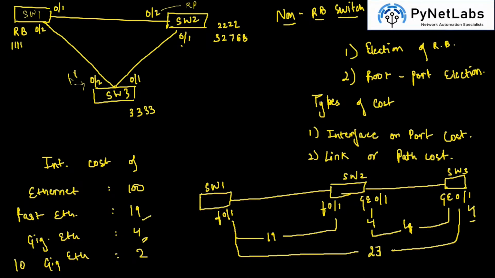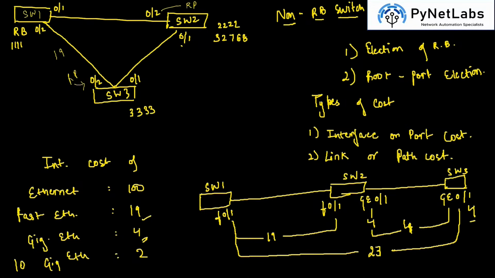Great. So I can see everyone is telling me that FA0/2 should be the root port. And why? Because this is the nearest one, or we can say this will cost us the least, which is 19, if we talk about fast Ethernet ports.